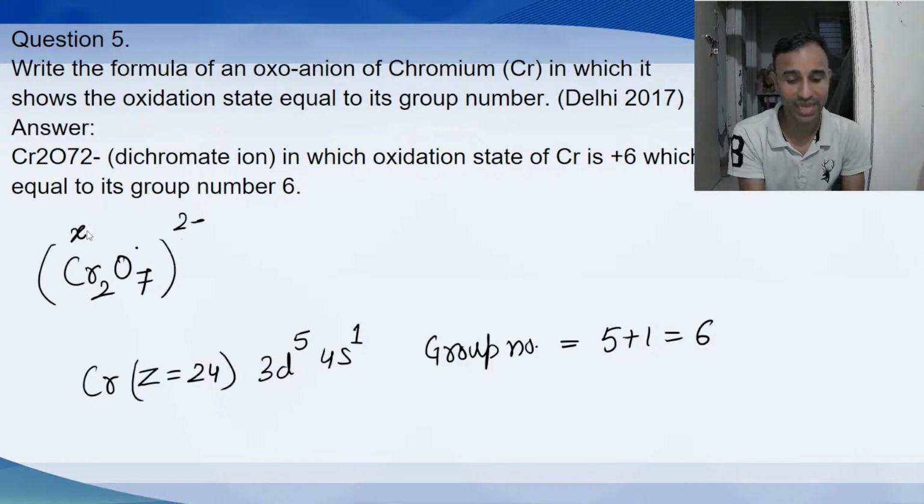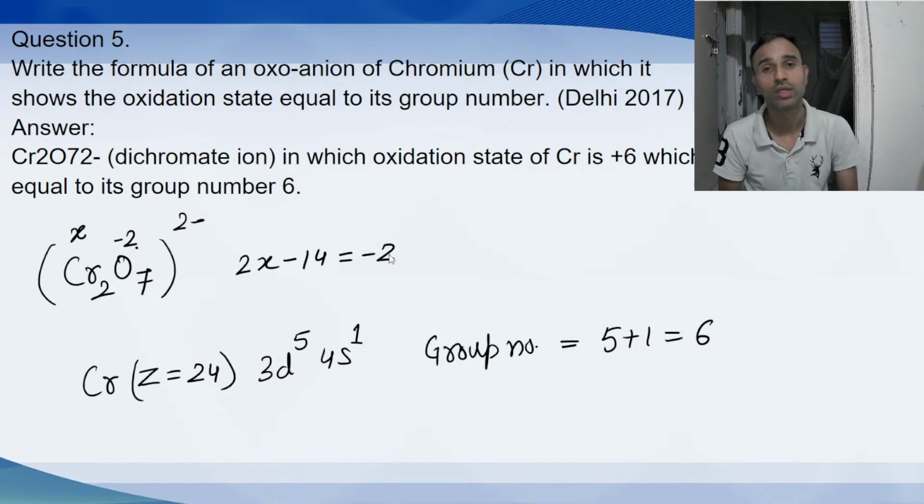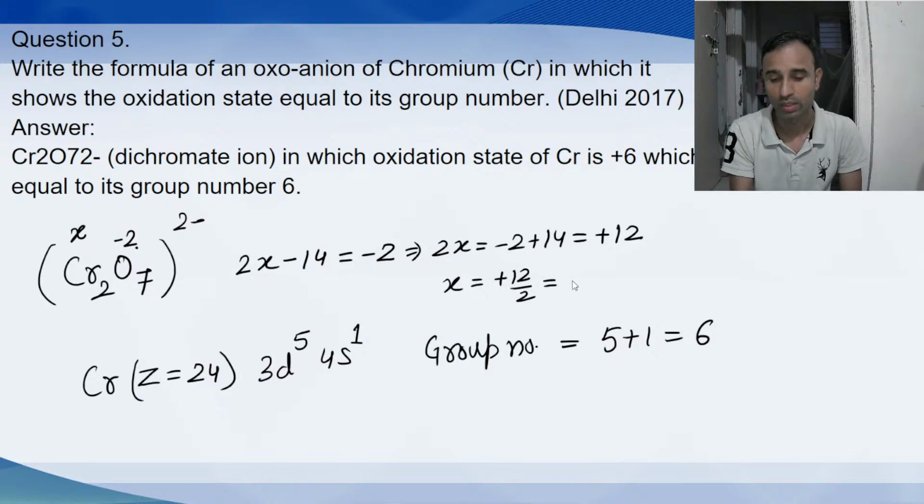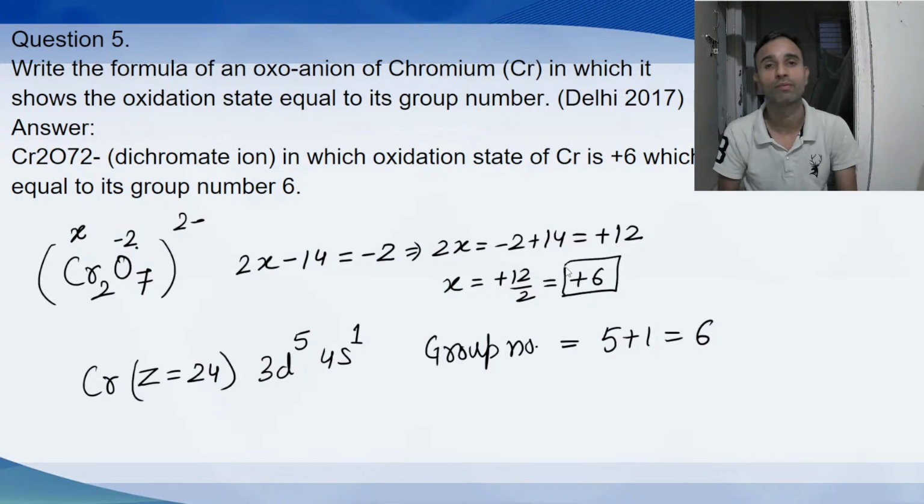Chromium, take it as x, oxygen as minus 2. So it is 2x minus 14 equal to minus 2. That implies 2x equal to minus 2 plus 14, that is plus 12. So x is equal to plus 12 by 2, that is plus 6.